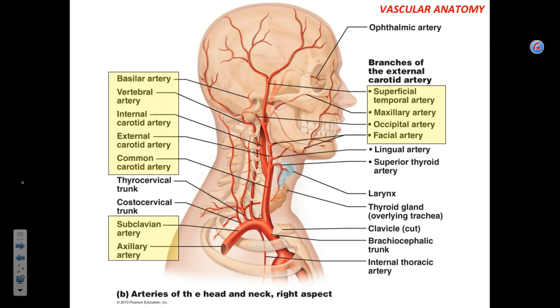When I was doing mouse surgery, we were cannulating carotid artery. We're sticking the tube into the carotid artery of the mouse. And it's pretty exciting because you can do it even in people, you can cannulate the artery.